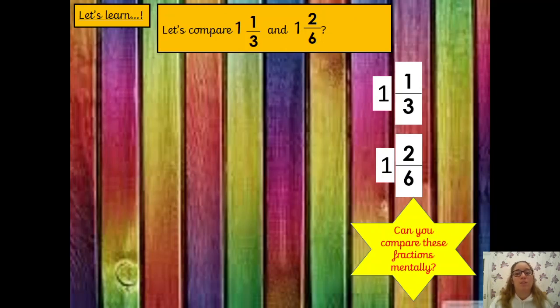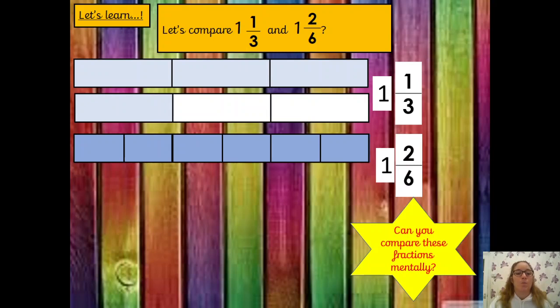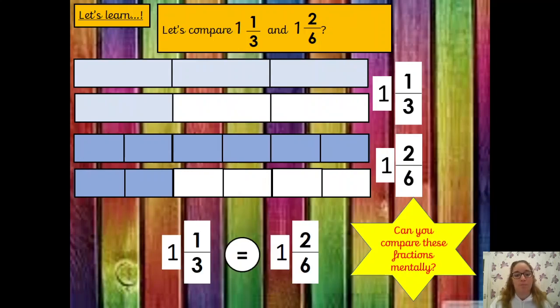Hopefully this one is quite obvious, that you've got 1 1/3, 1 2/6. If we multiply the denominator by 2 to get 6, we've multiplied the numerator 1 by 2 to get 2. So they are of course equal.